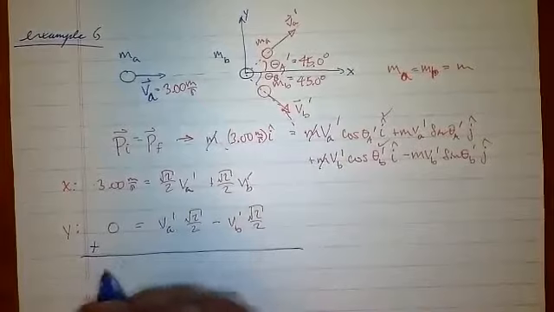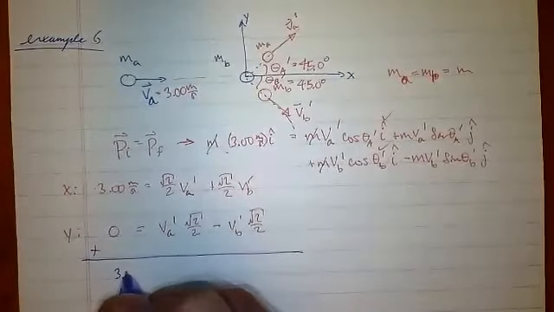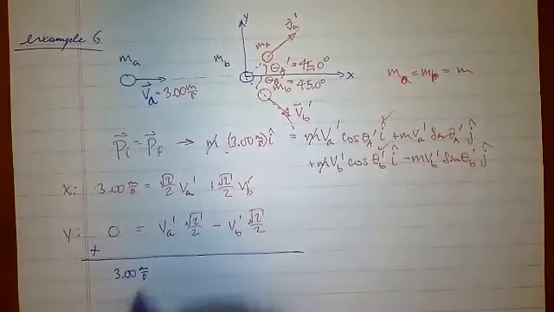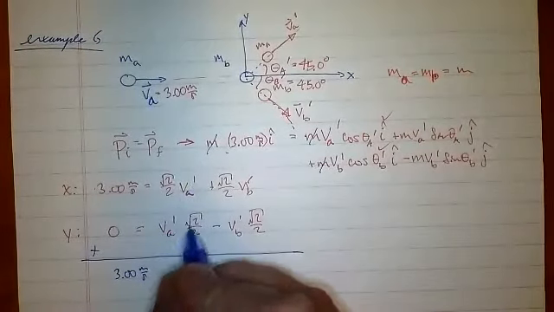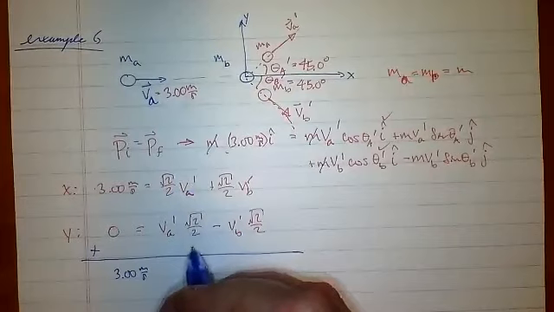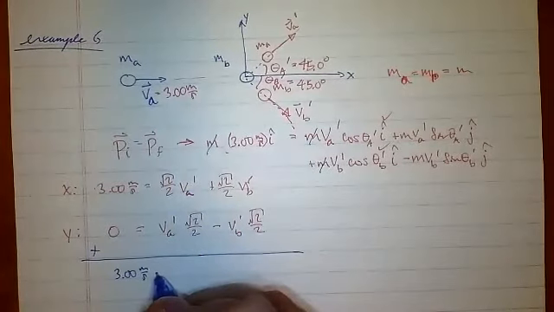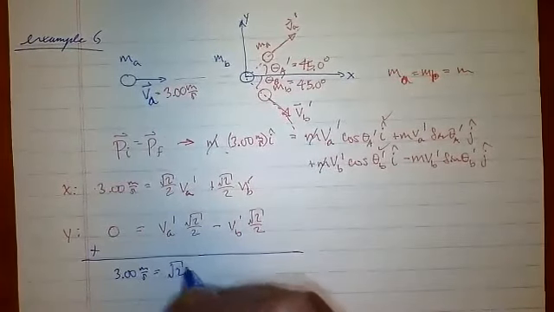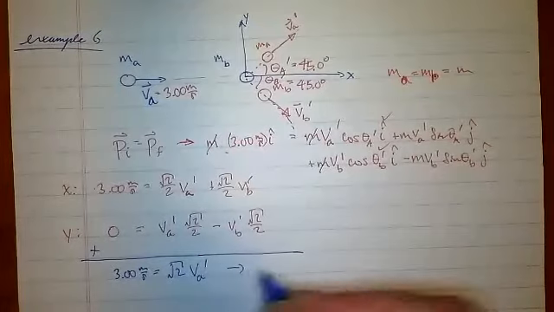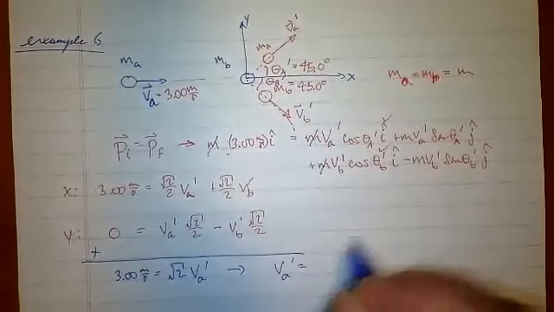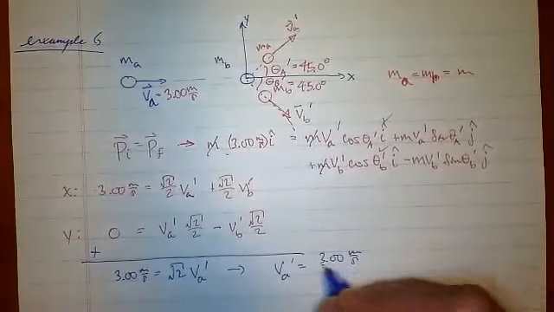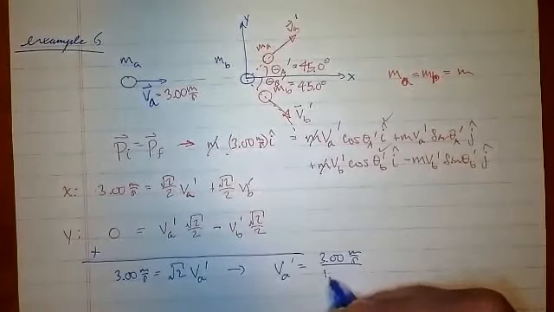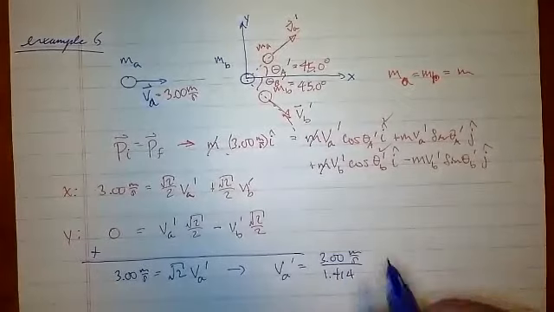So if I add those two together, then I will get 3 plus 0 gives me 3.00 meters per second is equal to, now I've got square root of 2 over 2 plus the square root of 2 over 2. That's just the square root of 2. So it's equal to the square root of 2 times VA prime. So I now have VA prime is equal to 3.00 meters per second divided by 1.414 roughly.